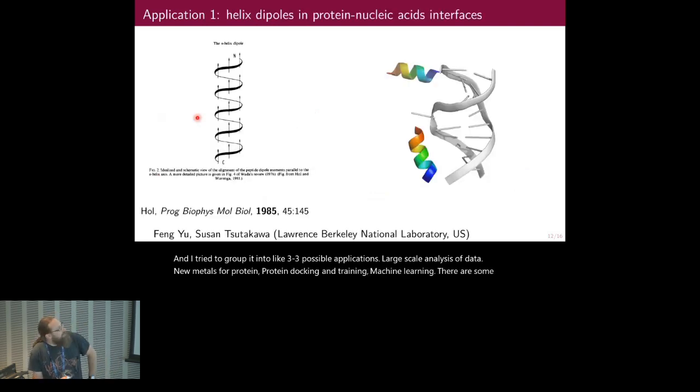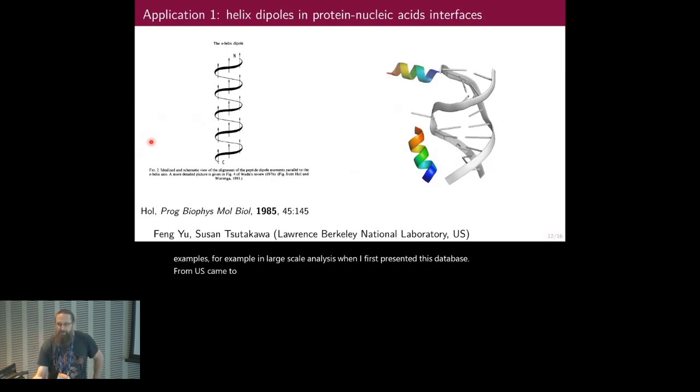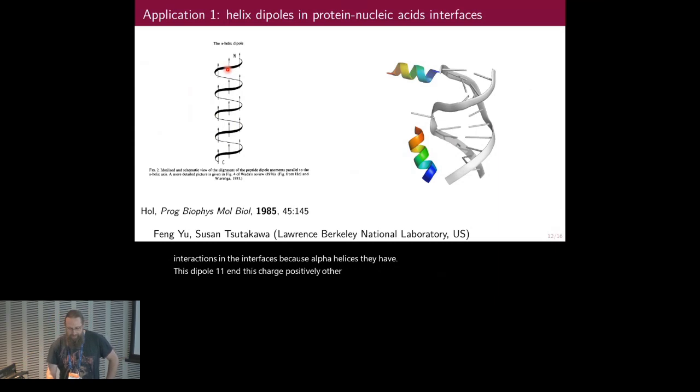For large-scale analysis, when I first presented this database, Susan from the US came to me and said it would be interesting to analyze if there are helix dipole interactions in the interfaces, because alpha helices have this dipole: one end is charged positively, the other end negatively. They started analyzing it, and it turns out that in protein-nucleic acid interfaces these helix dipoles are quite a frequent thing.